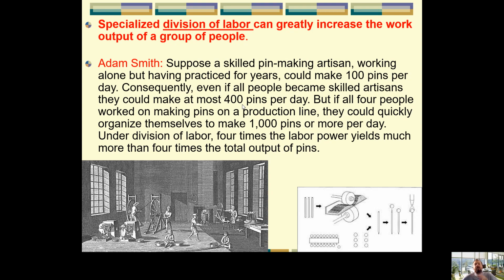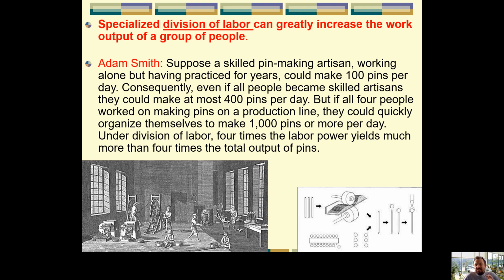only if they work separately. It means that everybody will perform the whole set of activities, all operations. But if they divide labor into 4 main operations, as explained in the right picture, they can produce 1,000 pins per day.